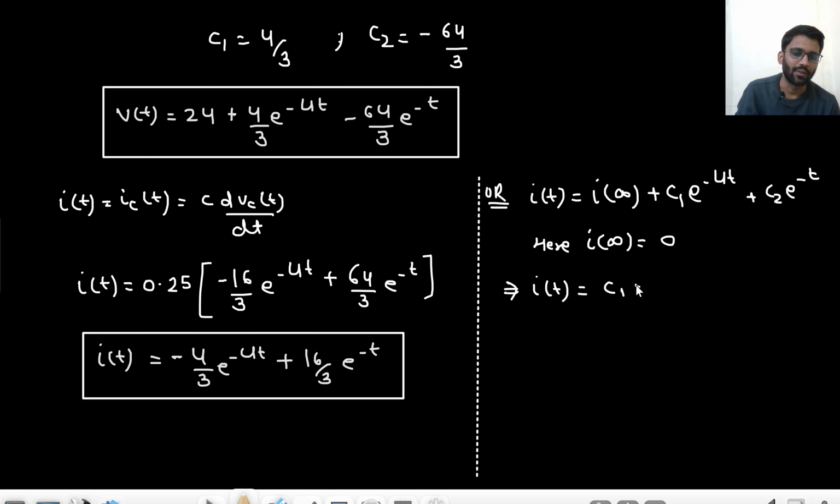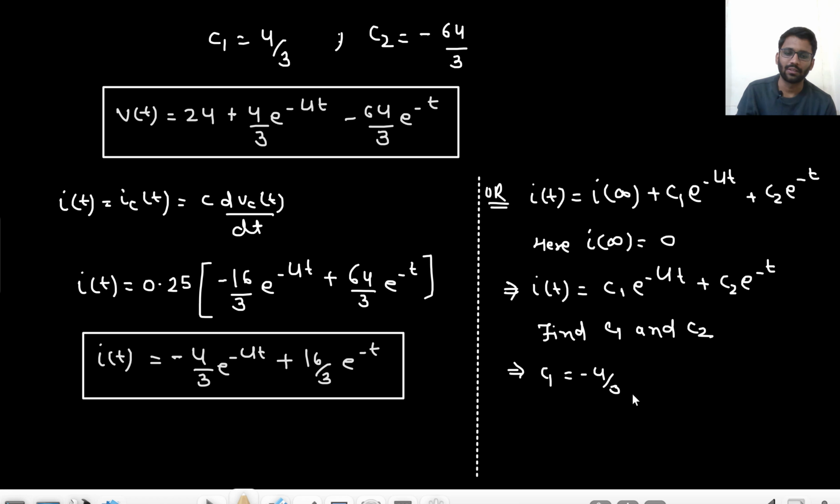And now your task would have been to find C1 and C2. If you find C1 and C2, this is what you would get. C1 you would get as minus 4 by 3 and C2 you would get as 16 by 3.